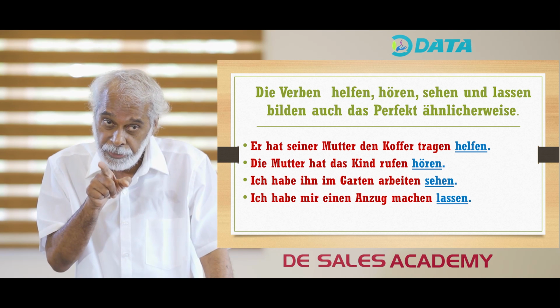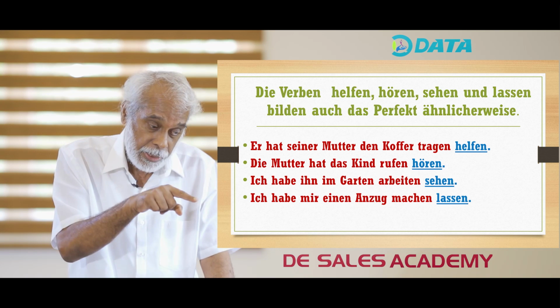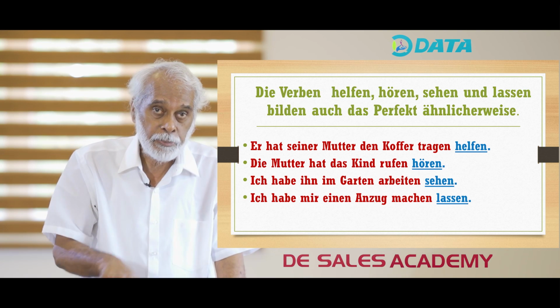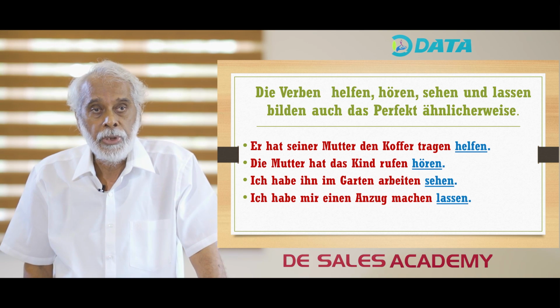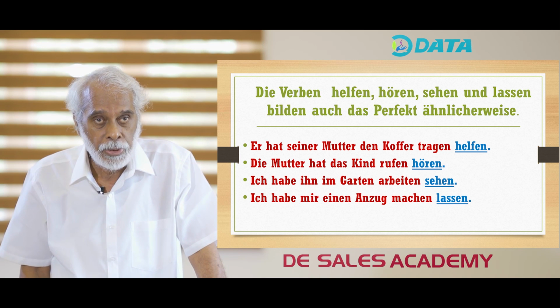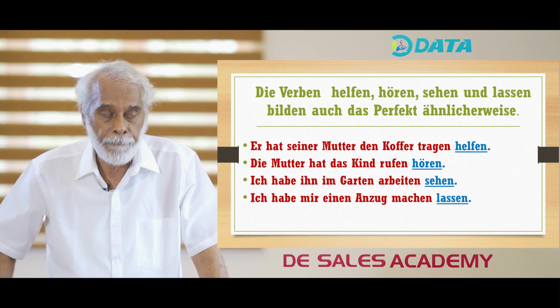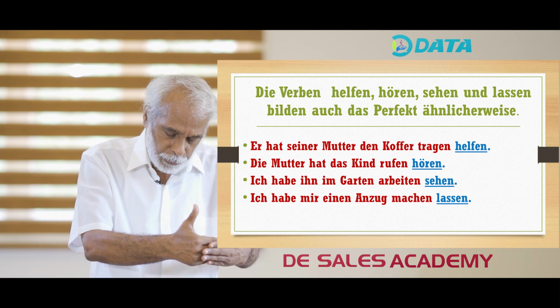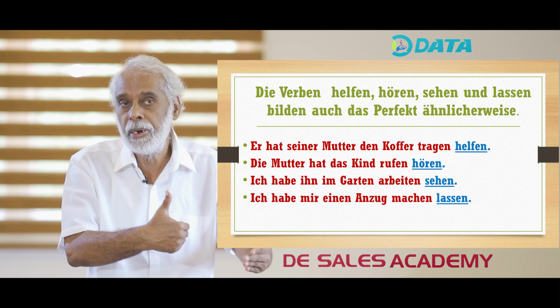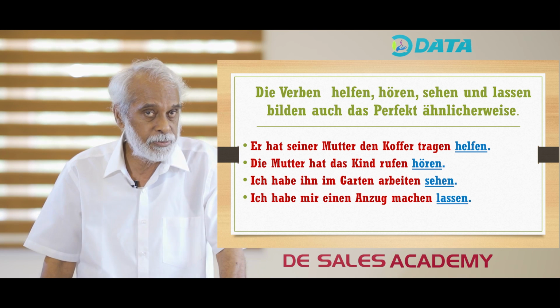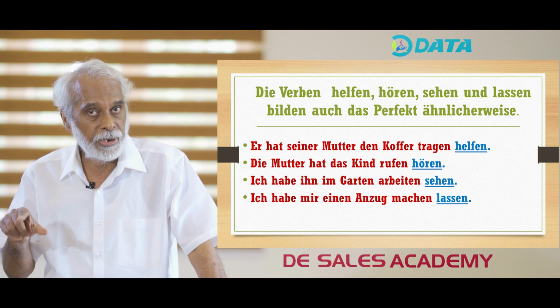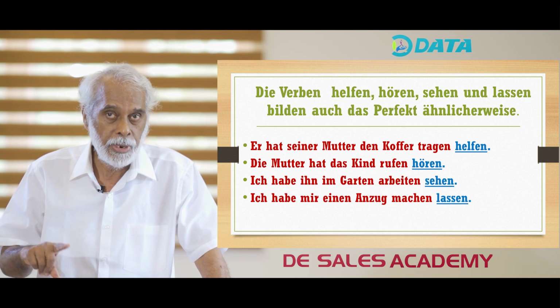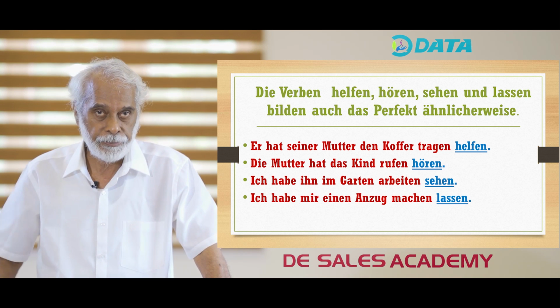But if helfen has one more verb in that sentence, to help to carry, then the perfect of helfen is made like the perfect of modal verbs. Hat seiner Mutter den Koffer tragen helfen.